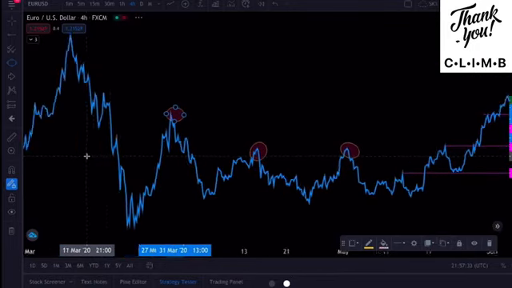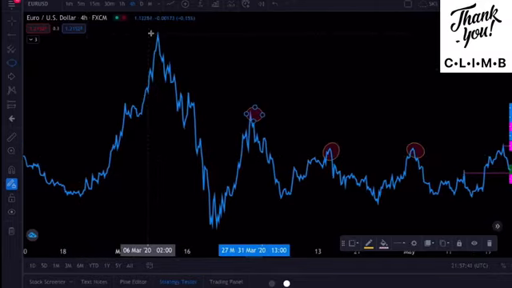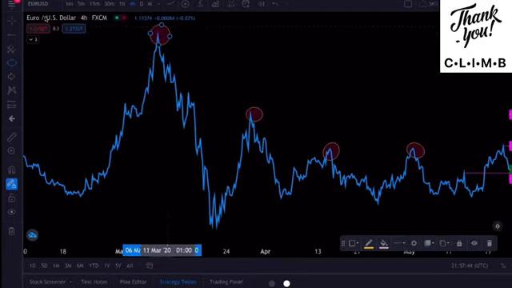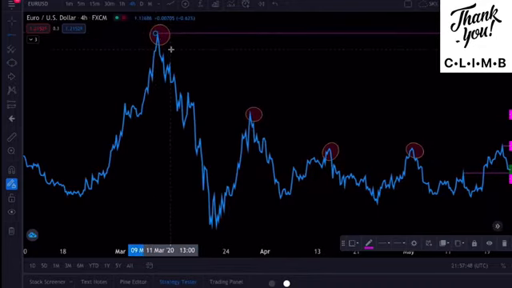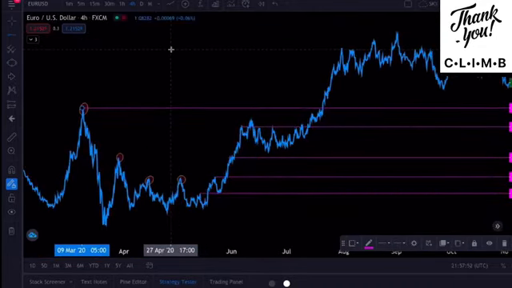So the easiest way to identify zones is to go to your line chart and go to the sharpest point zone right here. Now watch me draw a line right here. I bet you it matches up with one of them other lines that we drew. Well, we ain't get that high yet.